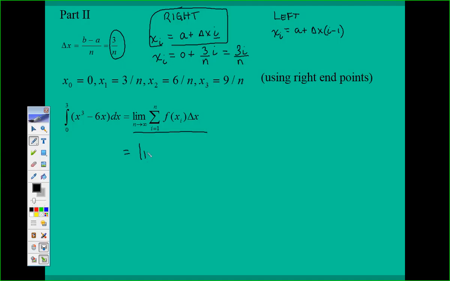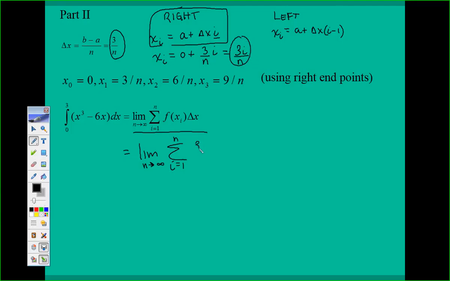We would have the limit, we're going from i equals 1 to n as n goes to infinity. And now we're plugging our x sub i into our function. Well, our function is x cubed minus 6x, and our x sub i is this.